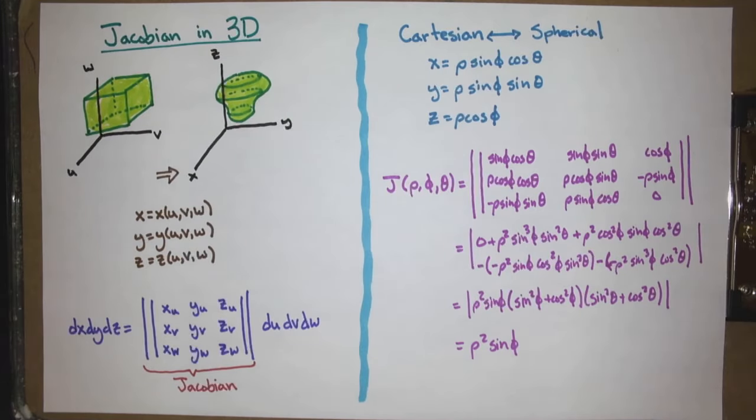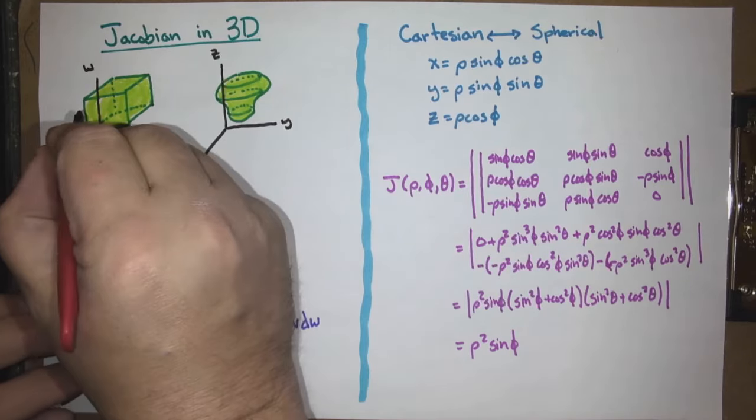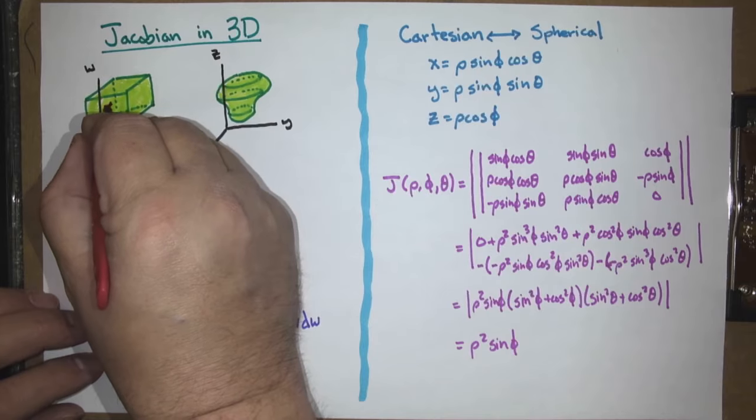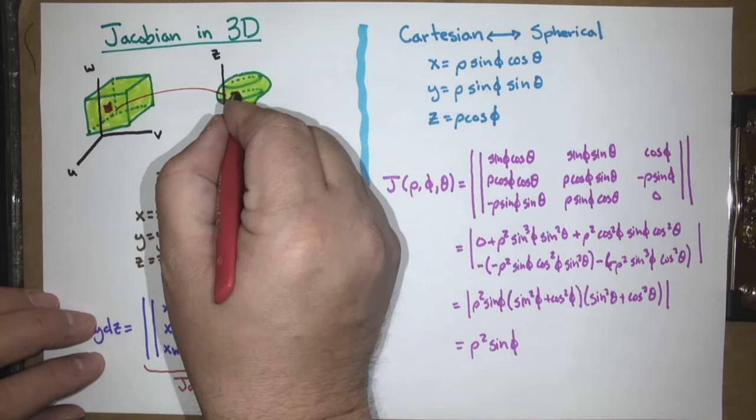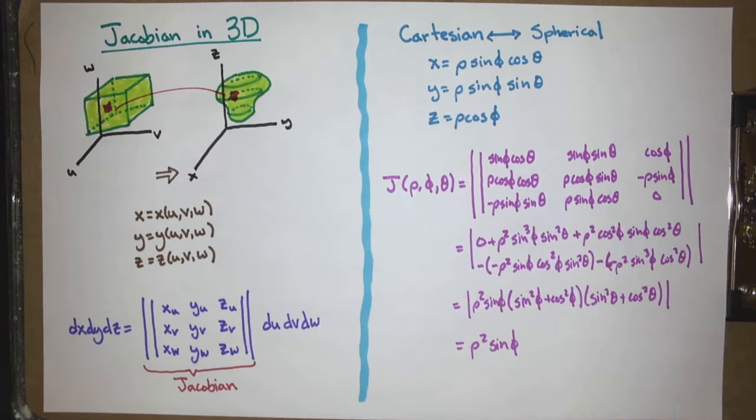I just want to explain it. We talked about the Jacobian for 2D. You can do the Jacobian for 3D. The way it works is that if I want to think about what's going on, I take a little piece over here, and I look at what that little piece over here looks like. Am I expanding or contracting? So that's the Jacobian. That's the piece that we're after.